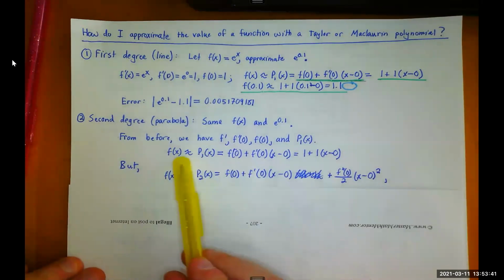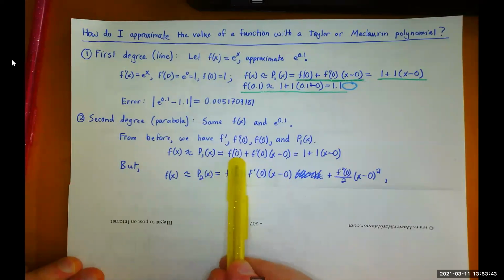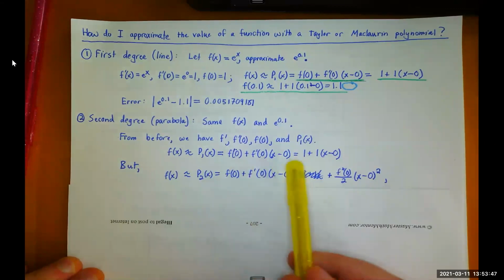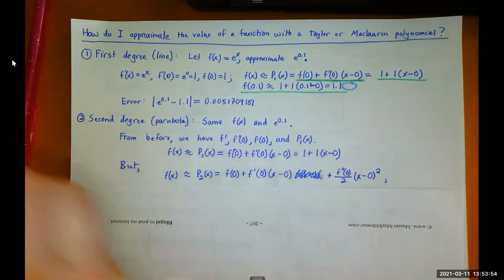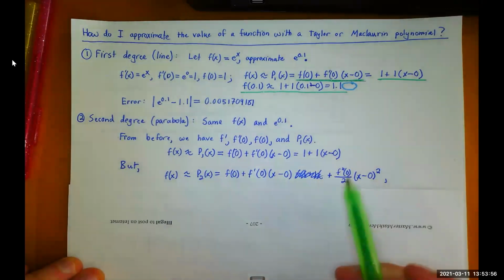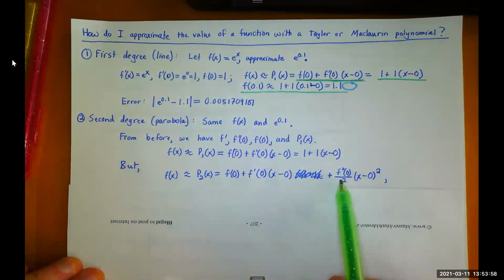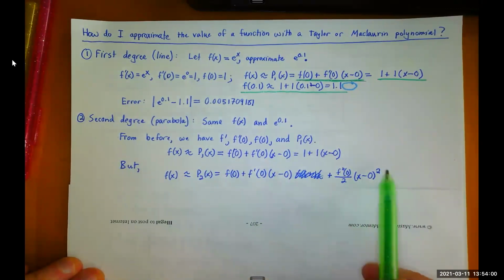So we have our tangent line from the first part, which is still f of 0 plus f prime of 0 times the quantity of x minus 0, which is 1 plus 1 times the quantity of x minus 0. We still have that. We add on the squared term.